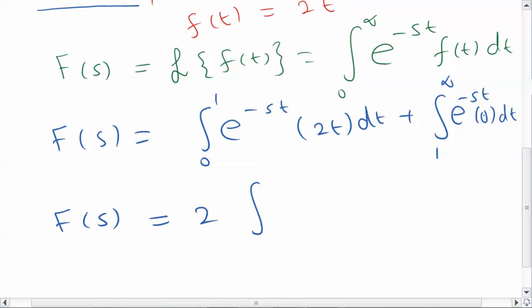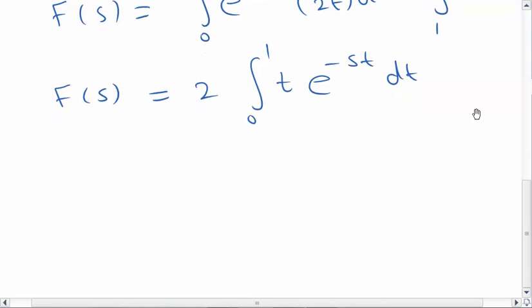So our integral becomes 2 times the integral from 0 to 1 of t times e to the minus st dt. Okay, now how do you solve this integral?